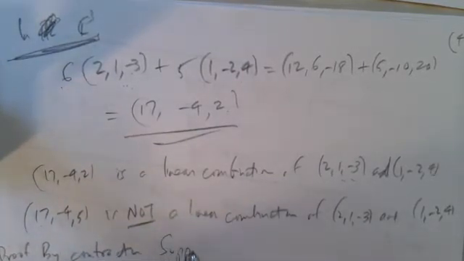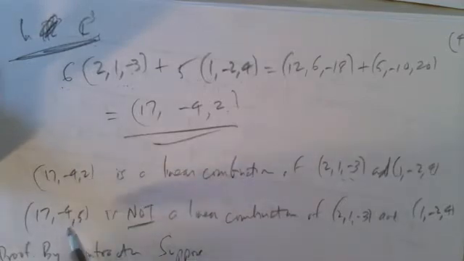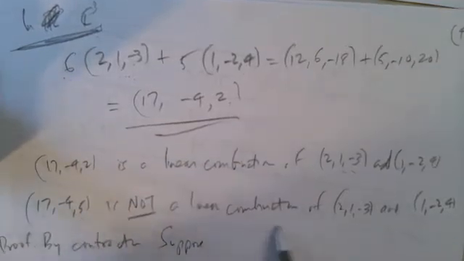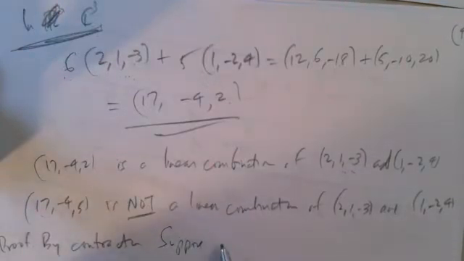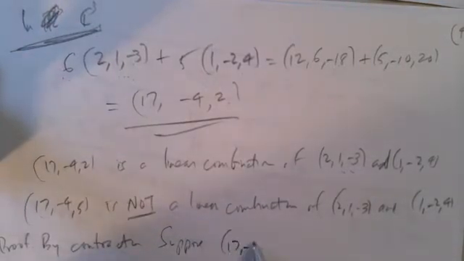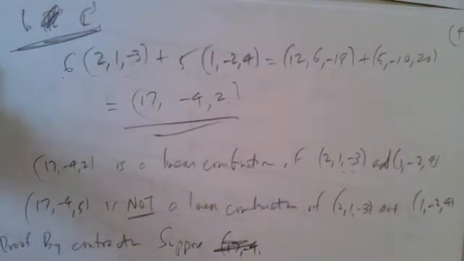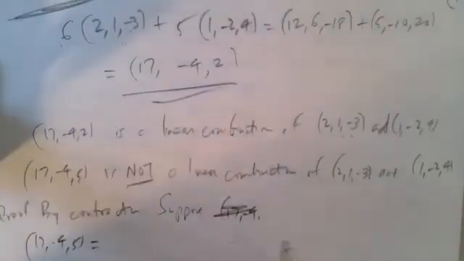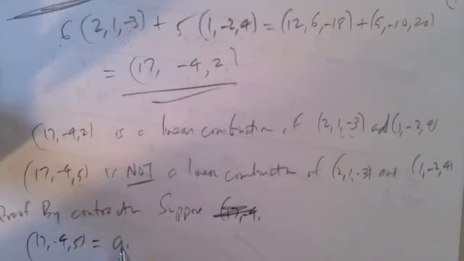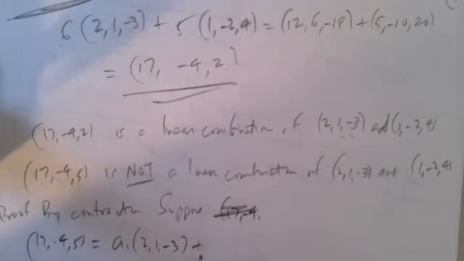Suppose 17, minus 4, 5 is a linear combination of these two vectors, let's say A1 times 2, 1, minus 3 plus A2 times 1, minus 2, 4.